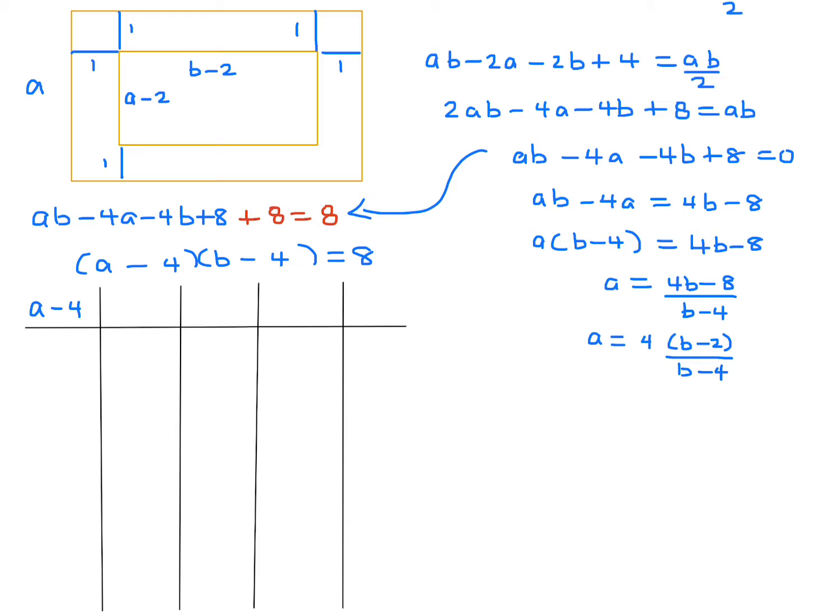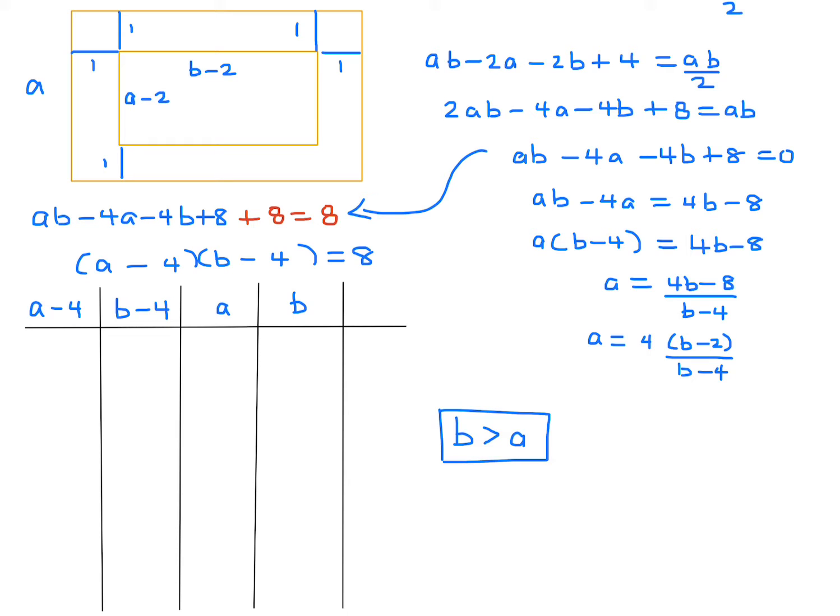So I've got a minus 4, I've got b minus 4, and then I have to calculate a and b. Okay? So let's start plugging away, keeping in mind that b is greater than a. That is a very important part of this question. Otherwise, you'll get probably double the number of answers than you should.